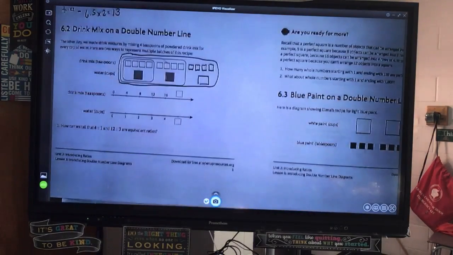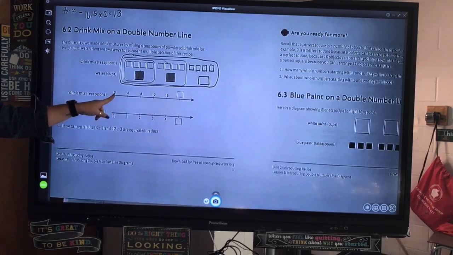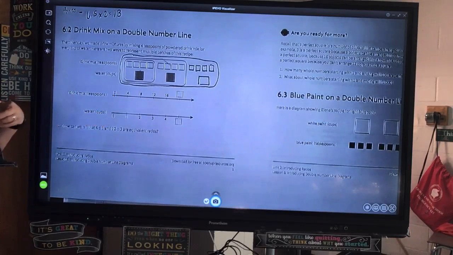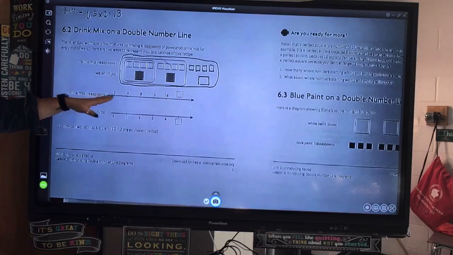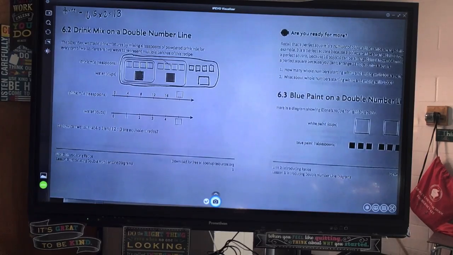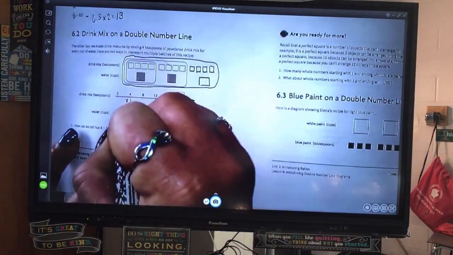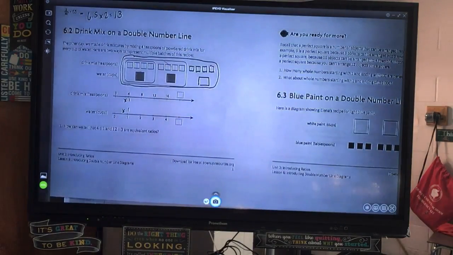All right, the double number line is the same thing. So you have your drink mix. So if you have no teaspoons and no cups of water, you have nothing. So your ratio is 0 to 0. But for our drink mix, we mix 4 teaspoons to 1 cup of water. So our ratio is 4 to 1. All right? So this is technically times 1, correct?